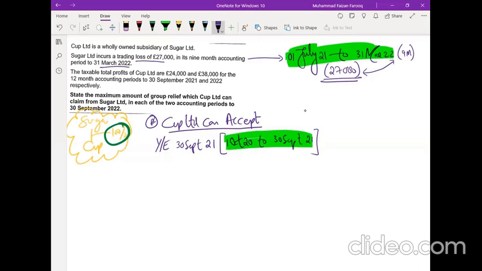Now tell me, from July till March, how many months fall in between here? Just match this with this. How many months are matching? July 21, July, August, September. 3 months. Now very carefully.